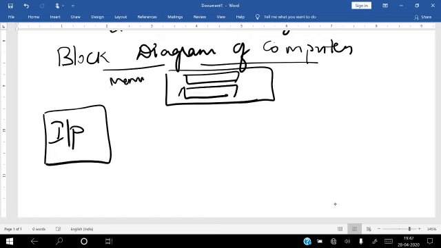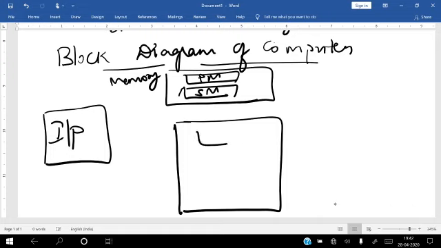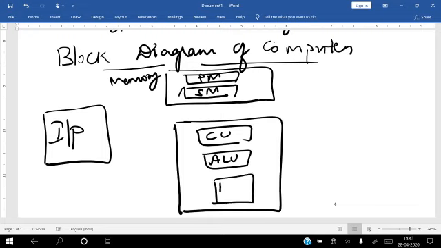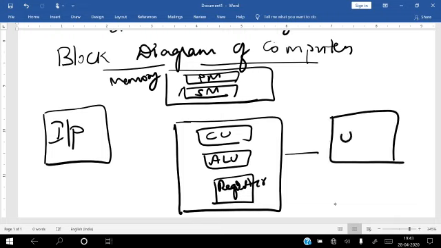The memory unit consists of your primary memory and secondary memory, and then you have your CPU that consists of your control unit, your ALU and your registers, and your output unit. Now let us go in detail about this.